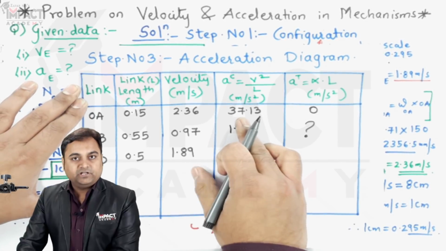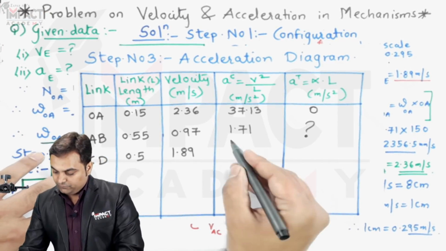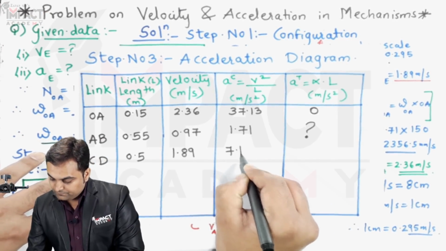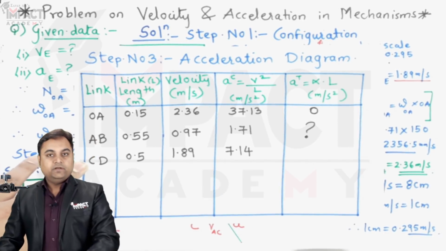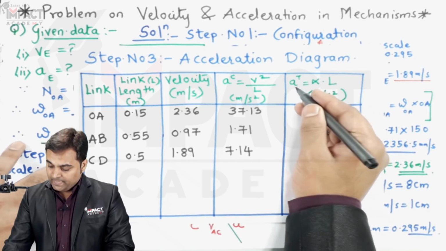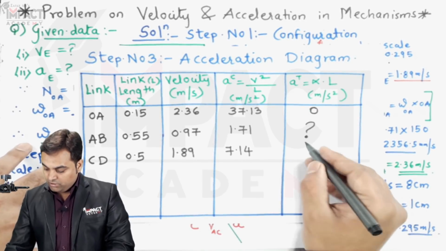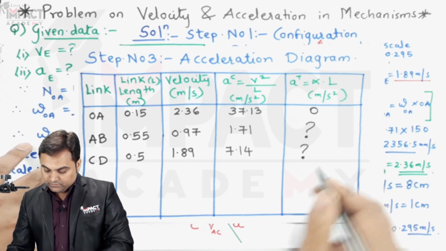Then its centripetal acceleration, velocity square divided by link length, 7.14 meter per second square. And similarly here also we don't have the value of angular acceleration, so tangential acceleration magnitude is not known right now, but we can find it out.